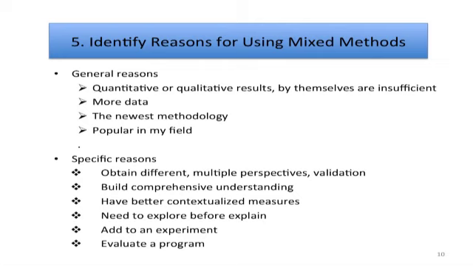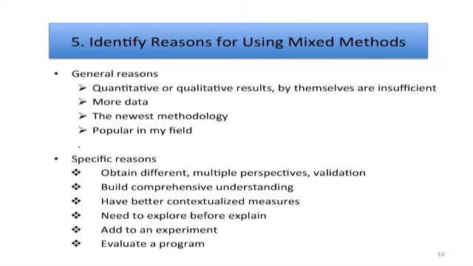Then we can go to more specific reasons. Why are you doing mixed methods research? Well, one specific reason would be to gather multiple perspectives, different perspectives from quantitative and qualitative research, to really form a more complete understanding of your problem.